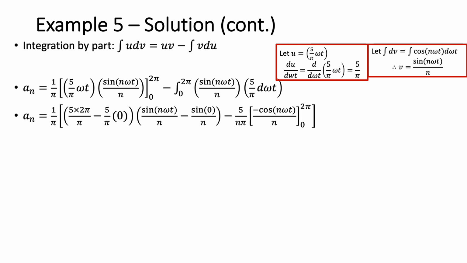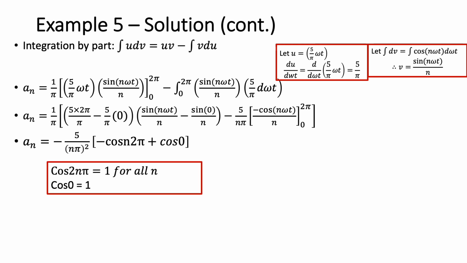Solving this equation, we have finally An equals minus 5 over nπ squared times minus cos n2π plus cos 0. Refer to the red box that I include in the slide and substitute the values. Finally, we have our An equals 0.